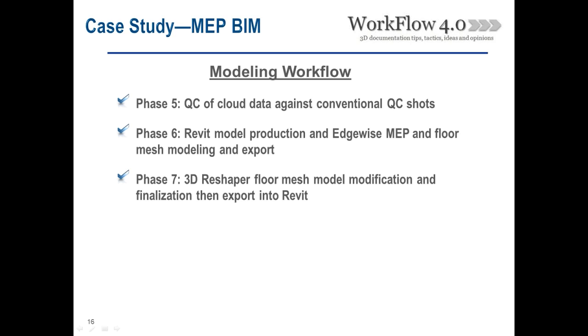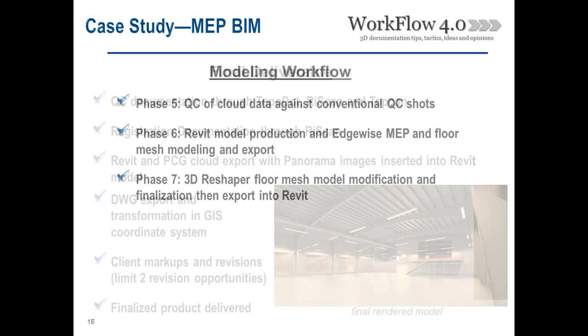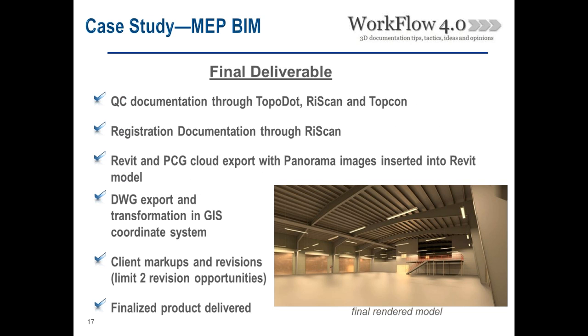And then we used a 3D reshaper to modify the floors and reassign points to the mesh. That was the final import into Revit for irregular floors. That's kind of a beast inside Revit to get accomplished.